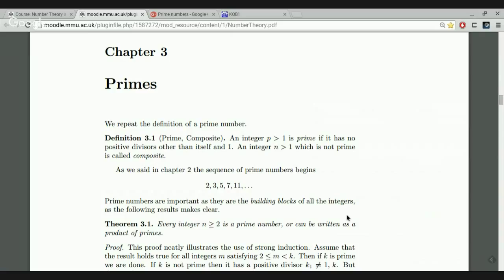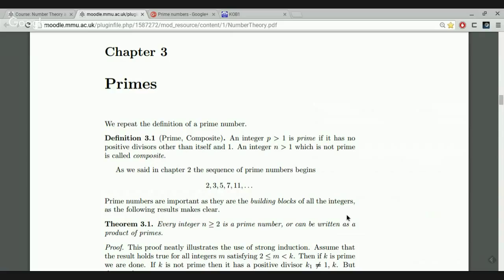Back in chapter 2, when we introduced divisibility, we proved everything is divisible by 1 and everything is divisible by itself. So any integer strictly bigger than 1 has at least 2 divisors, itself and 1. If it doesn't have any others, we call it prime. Otherwise, we call it a composite or a non-prime.